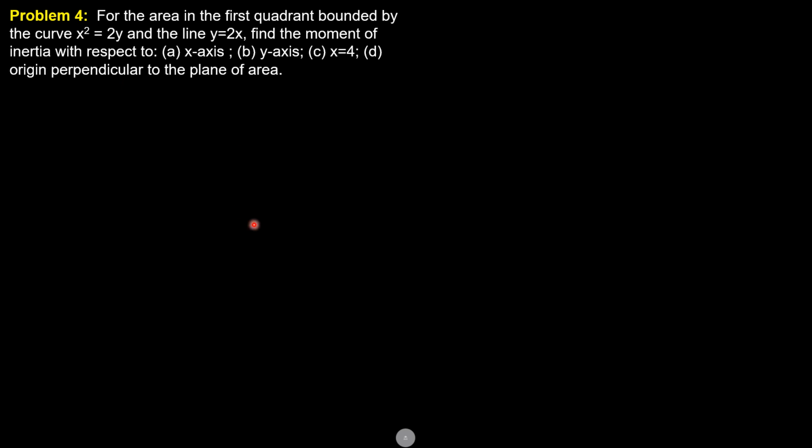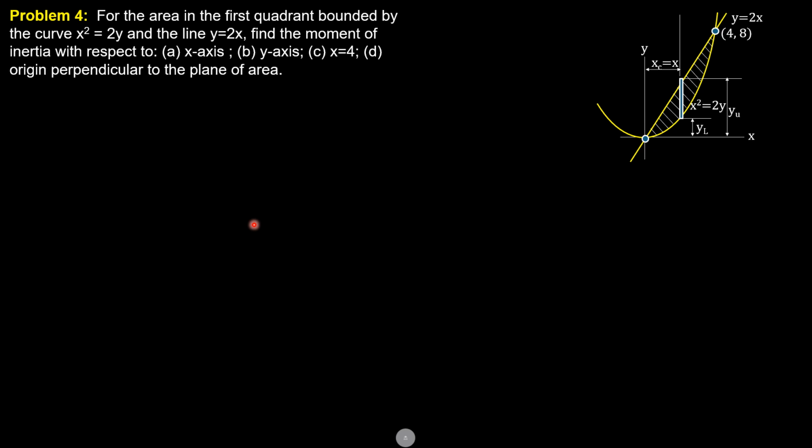So for the graph, let's prepare it. This is the parabola x squared equals 2y, the lower curve, and the line y equals 2x through the origin. Replacing y by 2x to find the points of intersection: x squared equals 2y, 2 times 2x, because y is 2x.